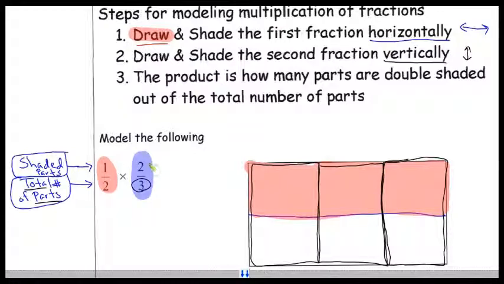According to this problem right here, I have 2/3, and the 2 is the number of parts that's going to be shaded. So that means I need to shade 2 of those parts. Shade 2 parts using my highlighter.